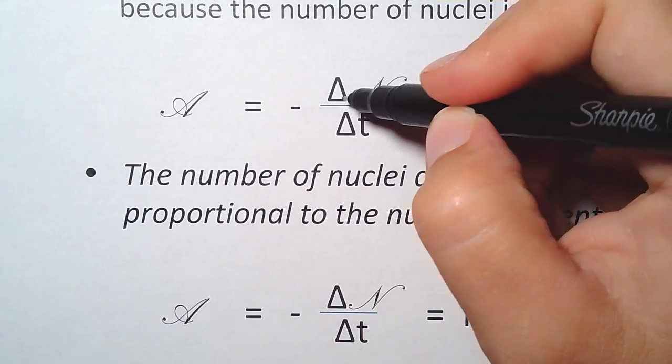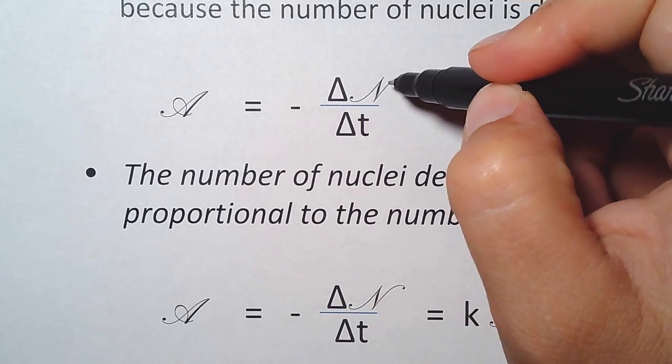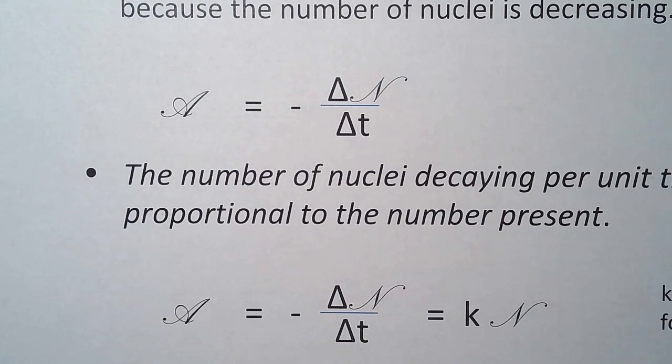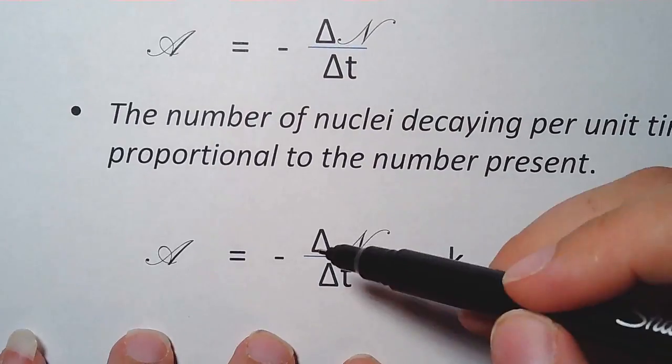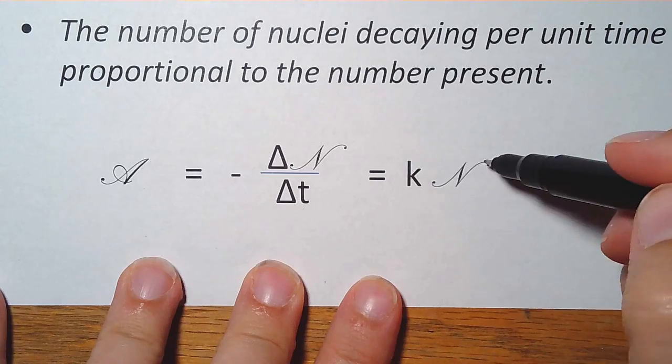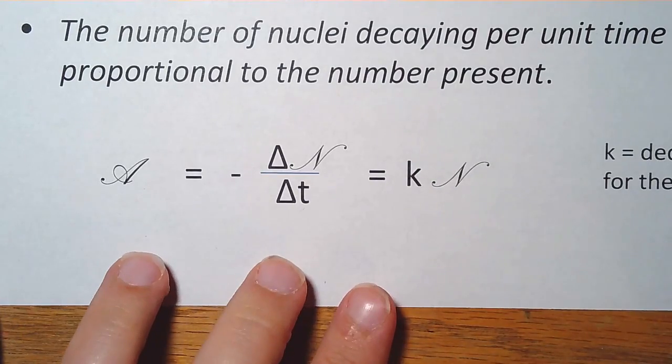The change in the number of nucleides, or how much you have, over the change in time. So the activity is based on how much we have. When we look down here then, activity is proportional to the number of nucleides we have.